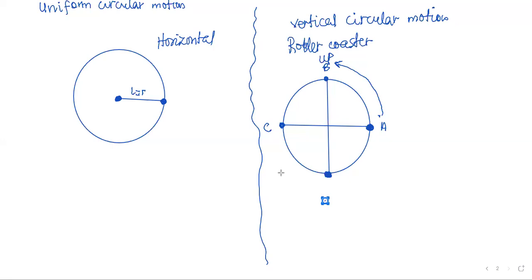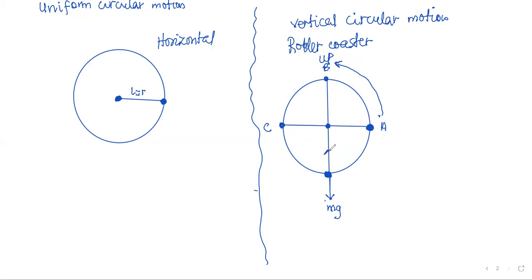So weight is always in line with gravity. So it would be in this downwards direction. So we have mg. The tension within the string is always directed to where the support is, and the support is the center.